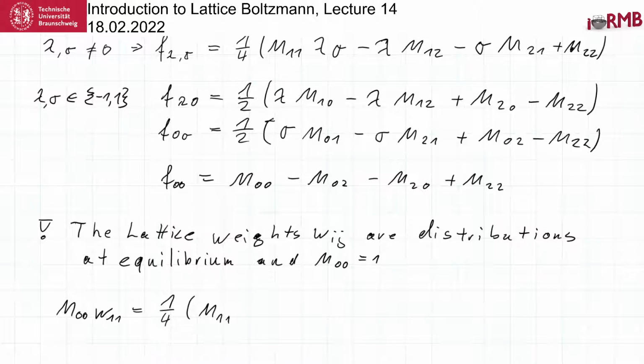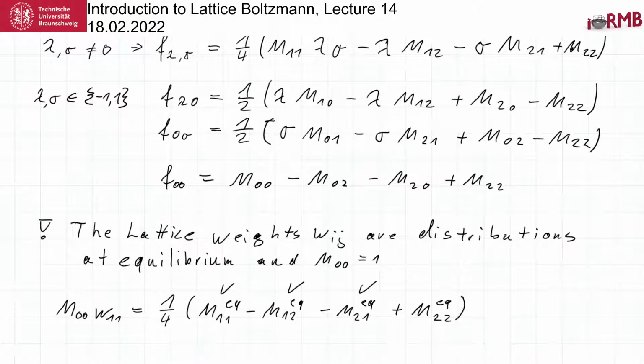So m11 equilibrium minus m12 equilibrium minus m21 equilibrium plus m22 equilibrium. So now, as we've already decided, this guy is 0, this guy is 0, and this guy is 0.